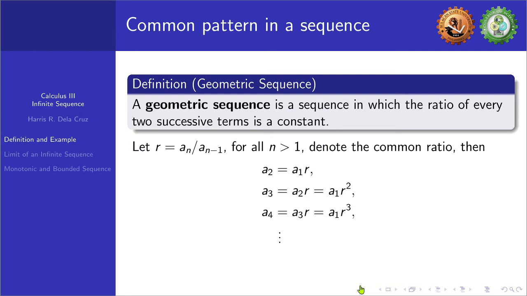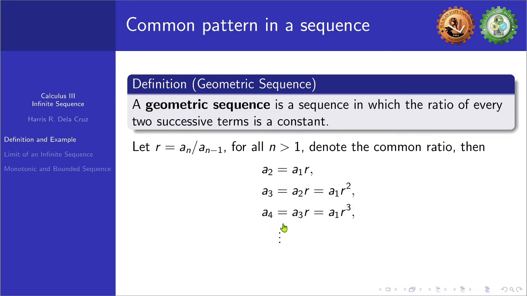So let's denote the common ratio by R. So R is equal to A sub n over A sub n minus 1, or the two consecutive terms of the sequence. So from here, we can write A2 as A1 times R. Now A3 is derived by multiplying the second term by R. But since A2 is A1 times R, then we can rewrite this as A1 times R squared.